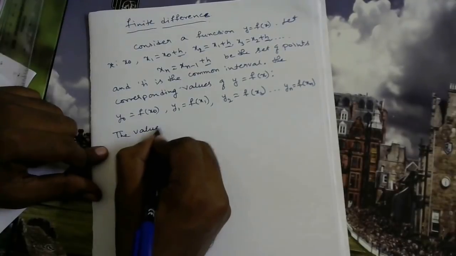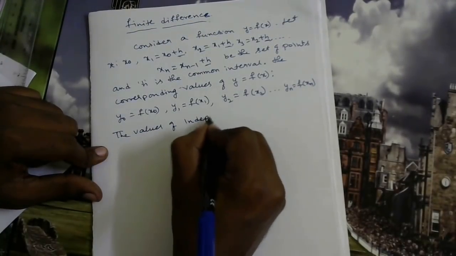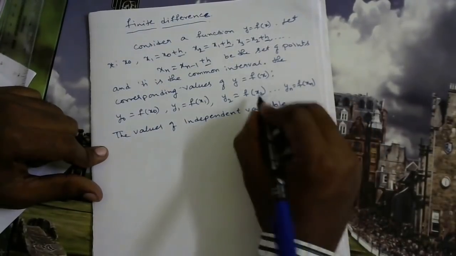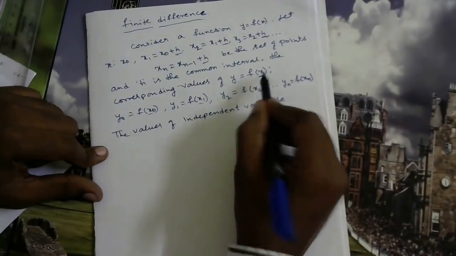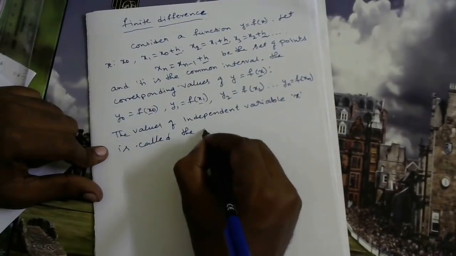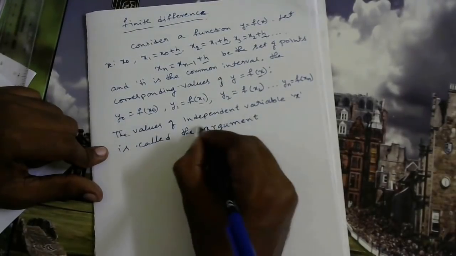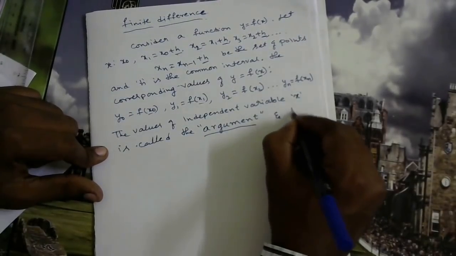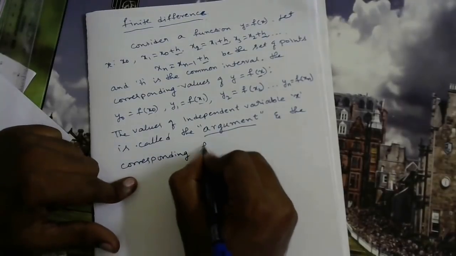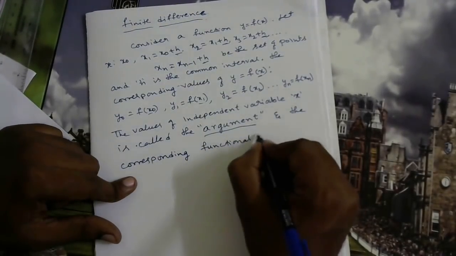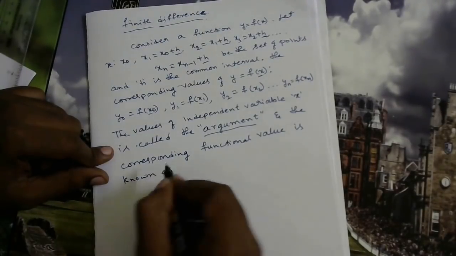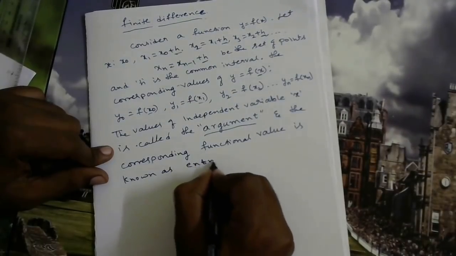The values of the independent variable, which here is x, is called the argument, and the corresponding functional value is known as the entry.